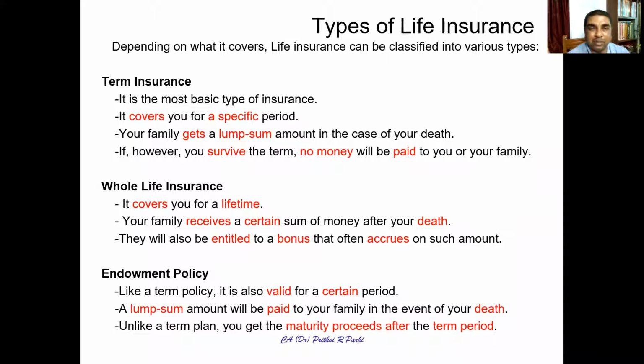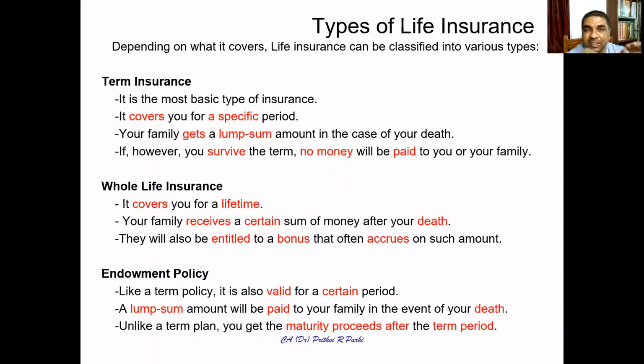Keeping all these things in mind, let us see various types of life insurance policy. The first kind of policy is referred to as term insurance policy. A term insurance policy is a pure insurance policy, meaning there is no investment component in it. It covers a specific period. The family gets a lump sum amount in case of death of the insured.